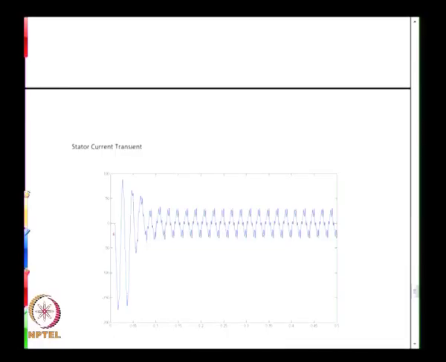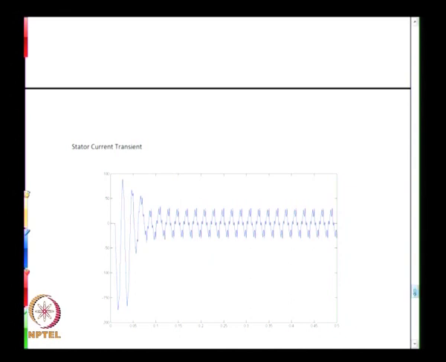Here we see that the input current drawn is not really sinusoidal, but has a lot of harmonics. Here again there is an inrush current, and definitely an inrush current will always be there because you are supplying full voltage in one stretch to the induction machine.